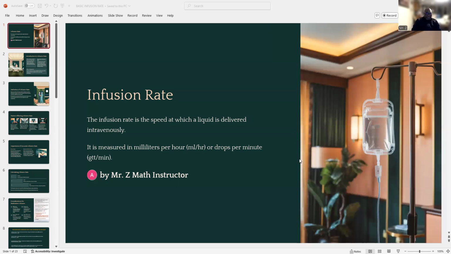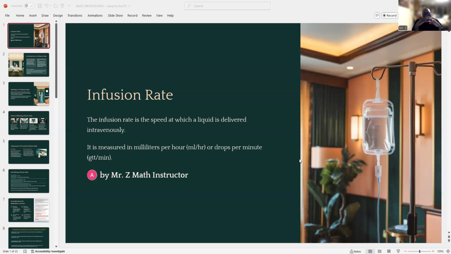All right. Now remember, anytime we talk about infusion rate, it's measured in milliliters per hour, and some books will refer to infusion rate as drops per minute as well. So we're going to go over that.